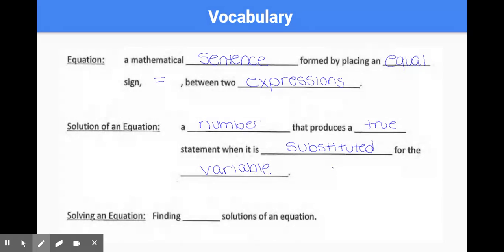So for example, if I had the equation x plus 2 was equal to 5, I'm looking for the value that I can plug in for the number x that will make this equation true. For this equation, there's only one number that would make the situation true, and that number would be 3. Because if I substitute in a 3 for x, 3 plus 2 would be equal to 5. So when we're solving equations, the goal is going to be finding all the solutions of an equation.